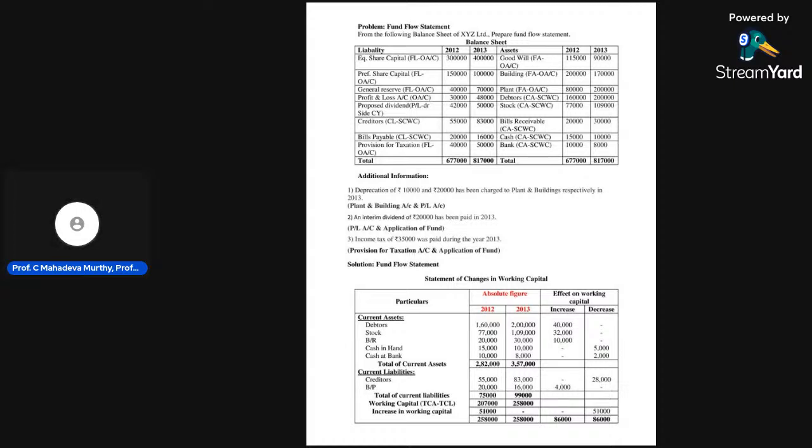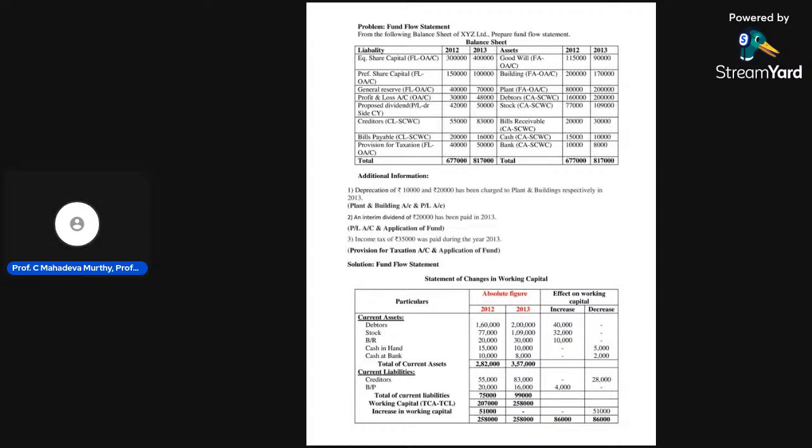Then total current assets of 2013, 3,57,000 minus 99,000, that is 2,58,000. Then what is the difference? 2,07,000 minus 2,58,000, the difference is 51,000. That is 2012, 51,000.